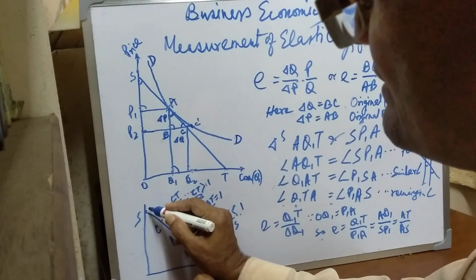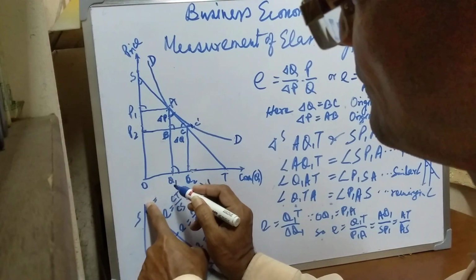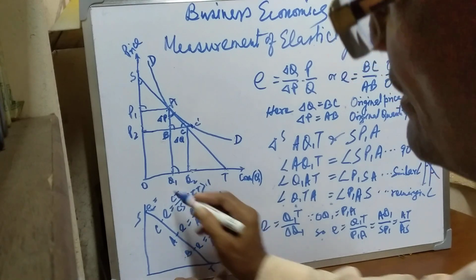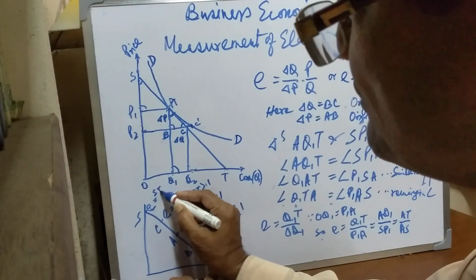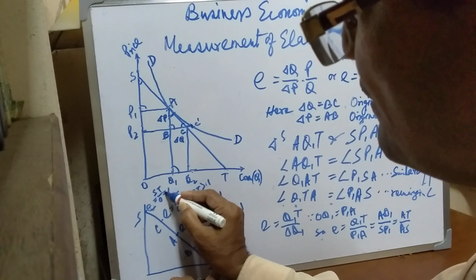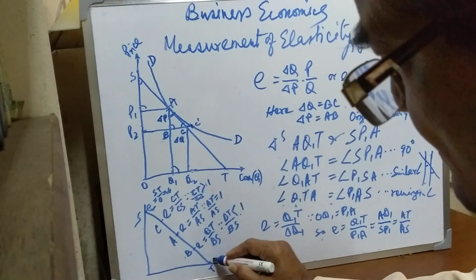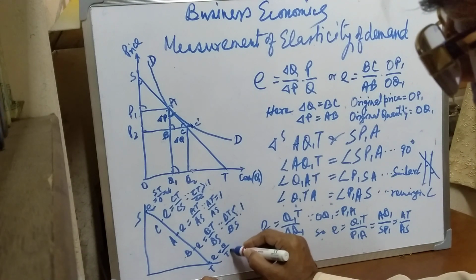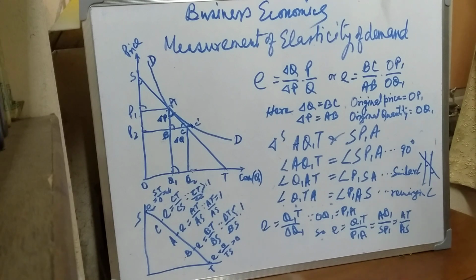Likewise, at point S it equals ST by 0, lower part ST and upper part 0, which equals infinity. At point T, the lower part is 0, so 0 by something equals 0. So elasticity varies between 0 and infinity on a straight line demand curve. At the midpoint, elasticity equals 1; in the lower part it will be less than 1, and in the upper part greater than 1.